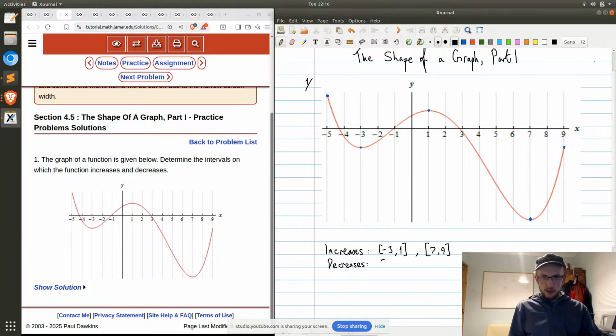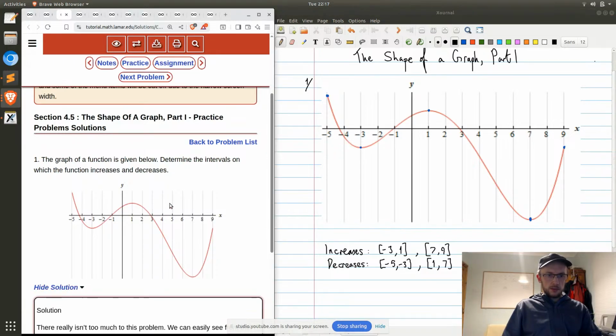And decreases. That's what I believe, but we'll see.